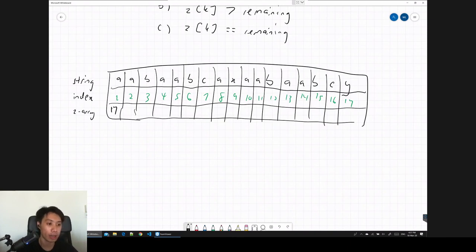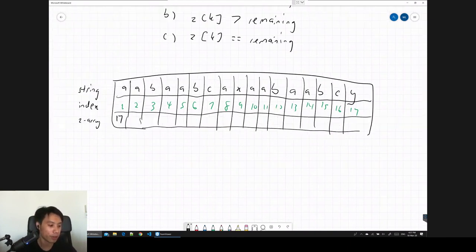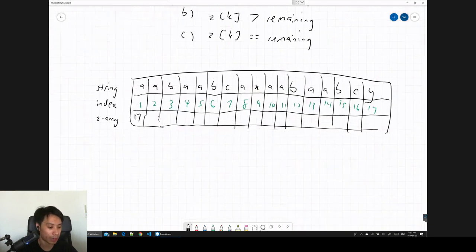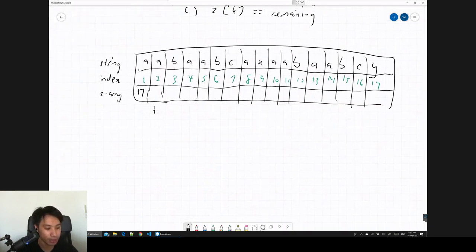Now, we could not have a Z box. What happens if we could not have a Z box? If we could not have a Z box, we go into case number 1, right? So my I is over here, and I could not have a Z box. So no Z box in dynamic programming, no memorization which is usable. I have no choice but to compare my alphabet, right?